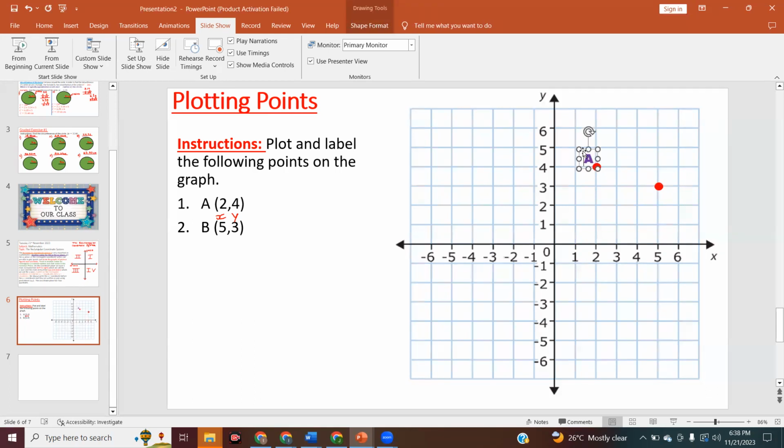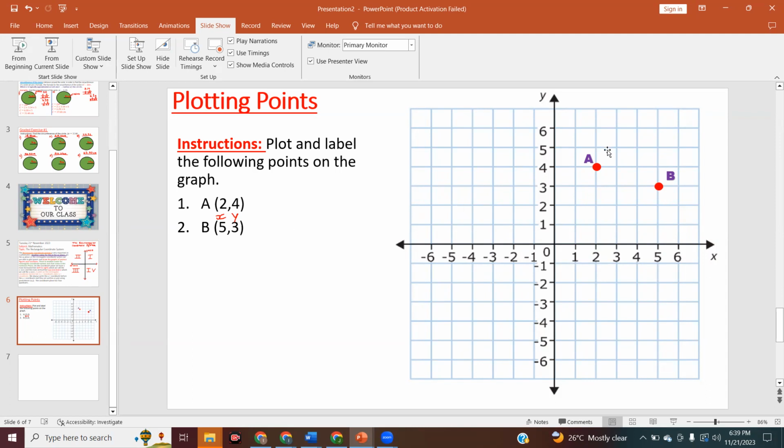Okay, we're doing graphing, so I'm going to explain it on C for you so you can understand what we do. What I said was, you always do X first. So 5 is on the X-axis, 3 is on the Y-axis. So we have to plot that point.